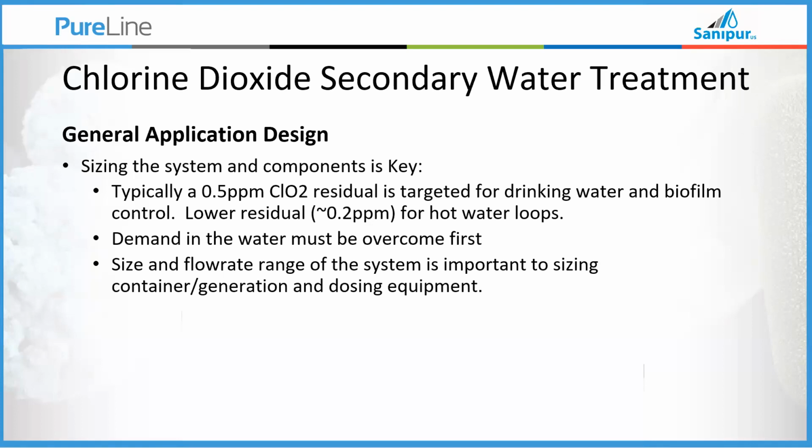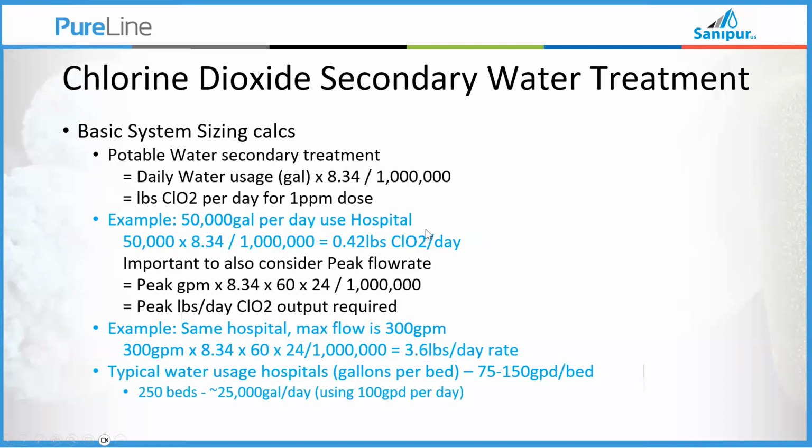Unless the water system is incredibly foul, those will be a low number. So when we talk sizing, we don't take a huge load in the water to be considered. And then for sizing, it's the flow rate and total usage volume of the system that is considered.